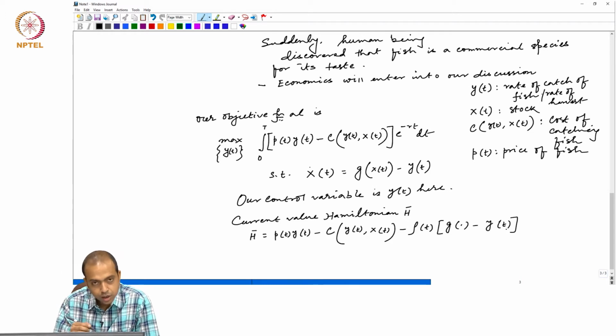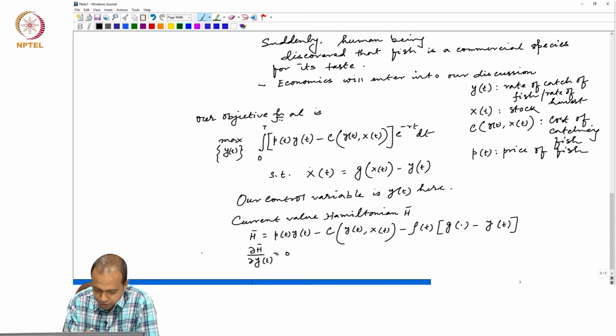Okay. This is the current value Hamiltonian, and optimization requires differentiating this function with respect to y t and setting it equal to 0, that is coming from the first order condition.